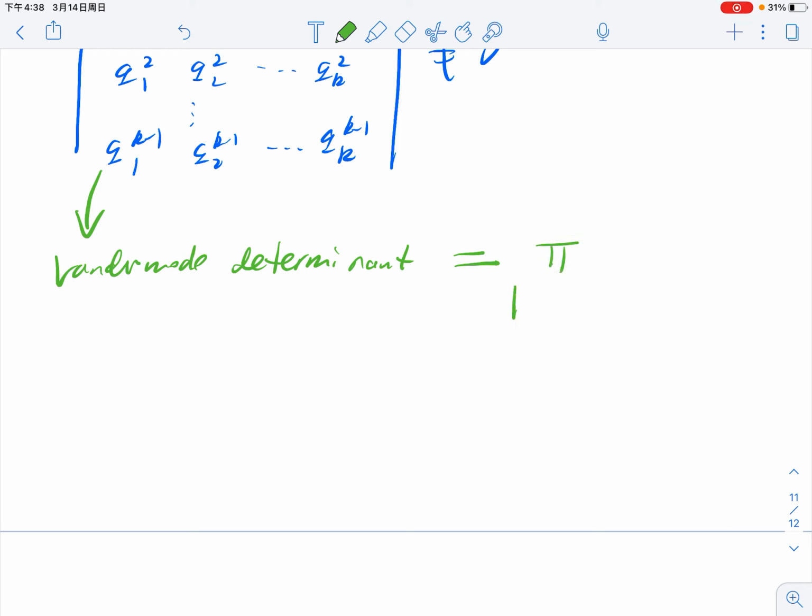It will be the product of Qj minus Qi for all i, j between 1 and k, such that i is less than j. And since we assume the polynomial equation has distinct roots, this is non-vanishing.